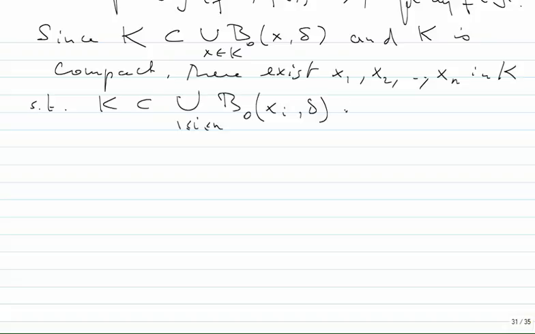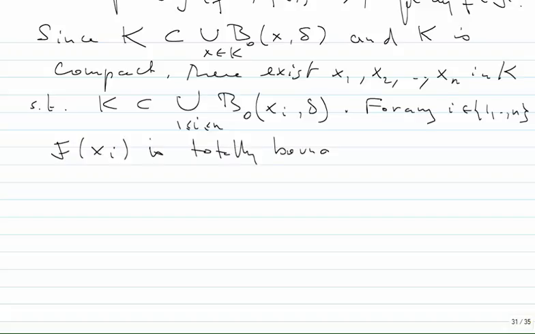By our assumption, we know that f of xi is relatively compact in Y, but since Y is complete, it's the same as totally bounded. So for any i, f of xi is totally bounded in Y.